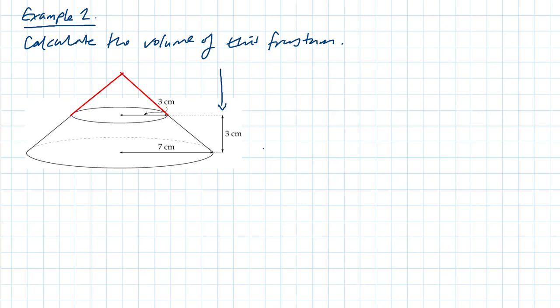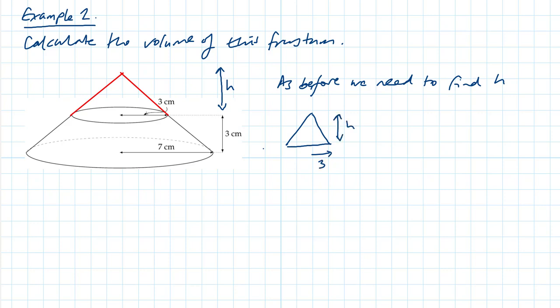Same as before, I'm going to draw out two diagrams, one representing the small cone and one representing the big cone, and identify corresponding sides. And then find the scale factor of enlargement between sides of the same colour.